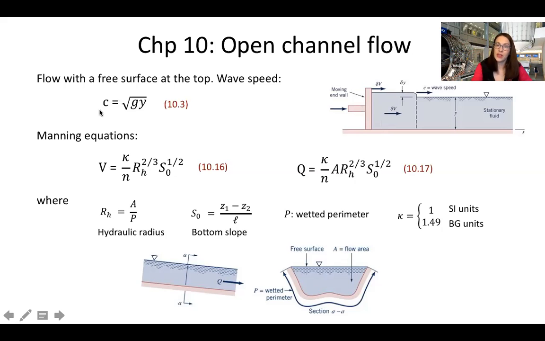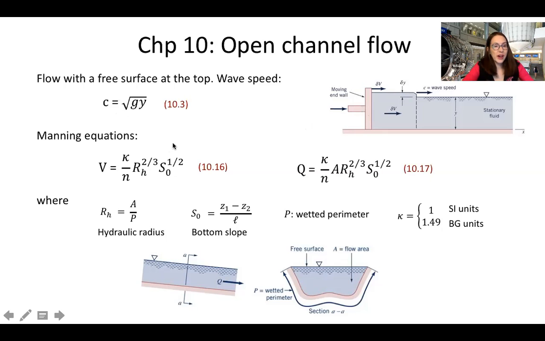It turns out that that process is mostly driven by gravity, and we can derive that the wave speed is the square root of the gravitational constant times y, where y is the depth of the river or whatever body of water, right? So we'll talk about the Froude number in a moment, but basically when your flow reaches the same speed as c, the wave speed in that fluid, you start to have the incompressible equivalent of shock waves, which are hydraulic jumps, which most of you made in your kitchen sink a couple of weeks ago.